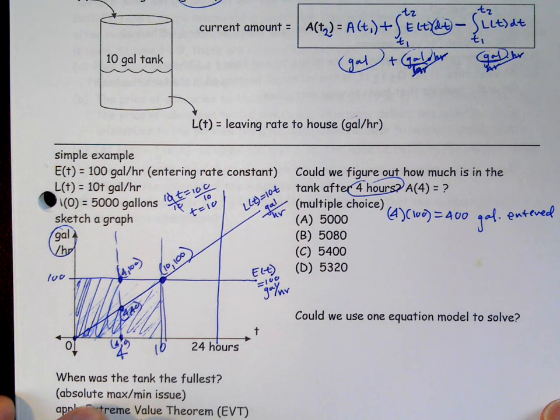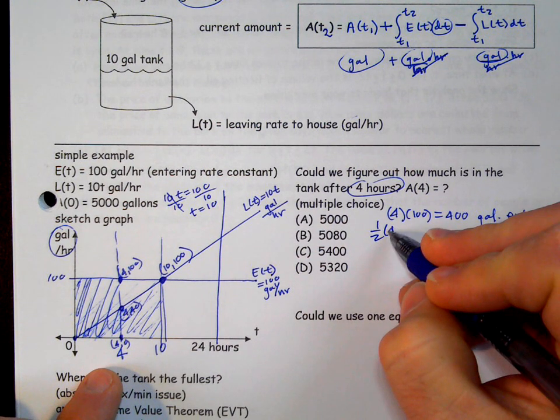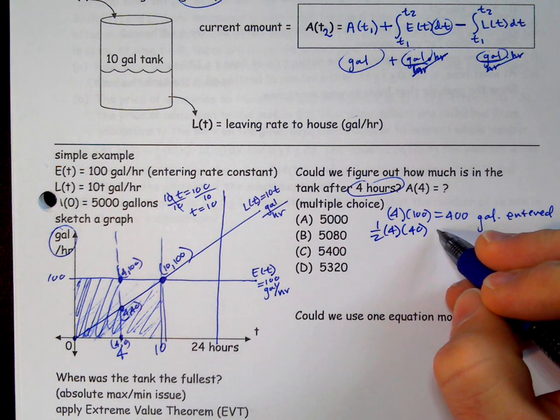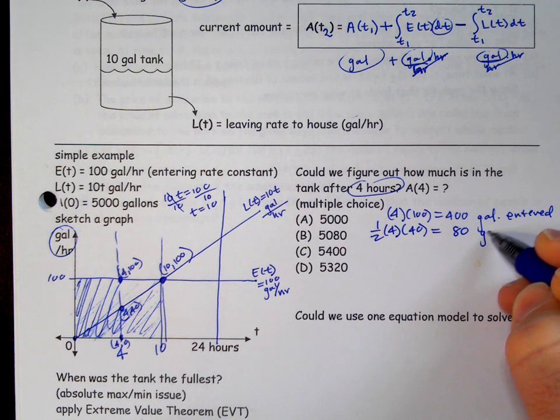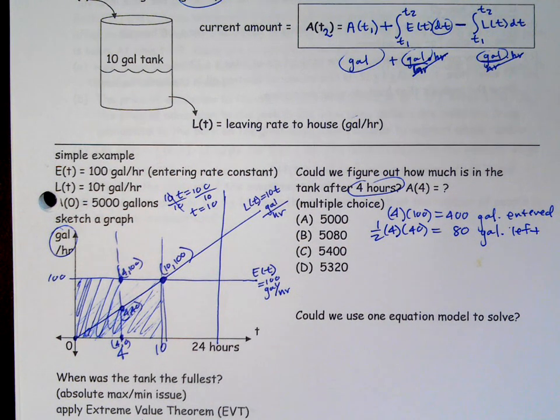How many gallons left the tank? Well, that'd be the area of that triangle right there. So that's going to be 1/2. Base is 4. Height is 40. So those coordinates are coming in handy. And that's going to be 80 gallons left the tank, right?